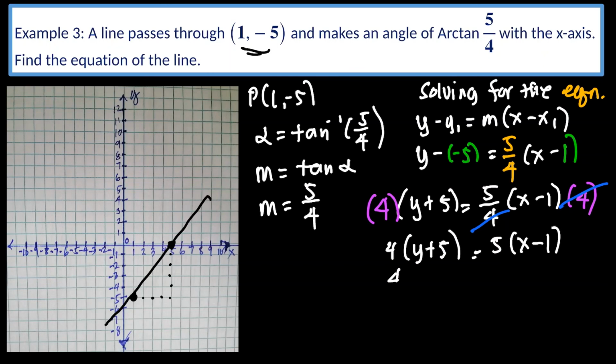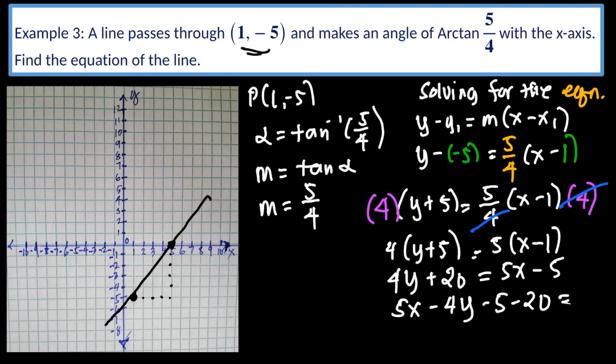And so this will give us 4y plus 20 equals 5x minus 5. So expressing it in the general form of a straight line, we have 5x minus 4y minus 5 minus 20 equals 0. And negative 5 minus 20 is negative 25. So we have 5x minus 4y minus 25 equals 0.